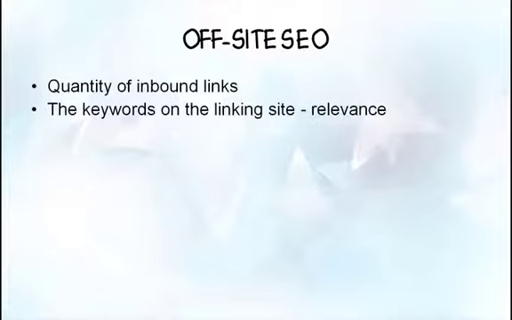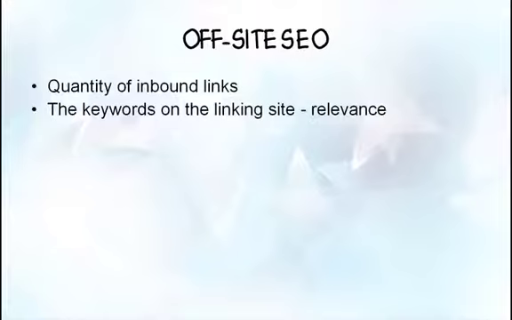However, if you've got a health and beauty site and you are linked from a blog about health and beauty, that suddenly has quite a high ranking. If you're linking from a site that is on any related subject, it works. Okay, so Google look for quantity of inbound links and relevance of inbound links.